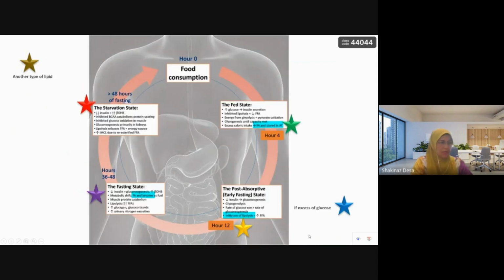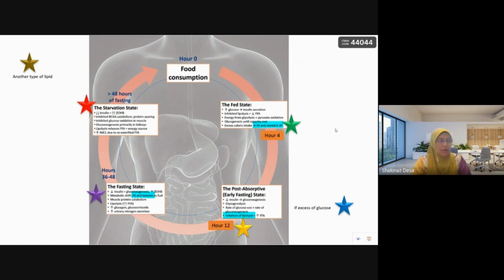Okay, going back to the page tadi. Sampai dekat hour 12 tu, that is for the lipolysis. Tetapi, there'll be incidents kalau kita tak puasa lah. Ni cerita kalau kita tak puasa. Kalau kita puasa, dia akan move from jam ke-12 and further to maybe ke jam ke-24 ke jam ke-16 kan.